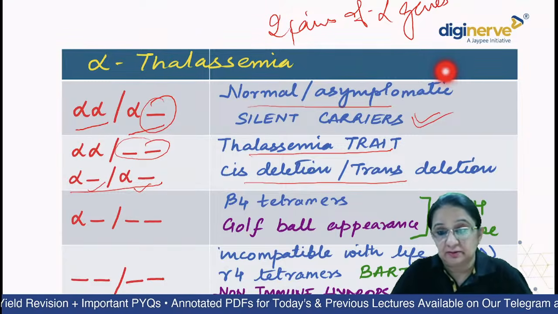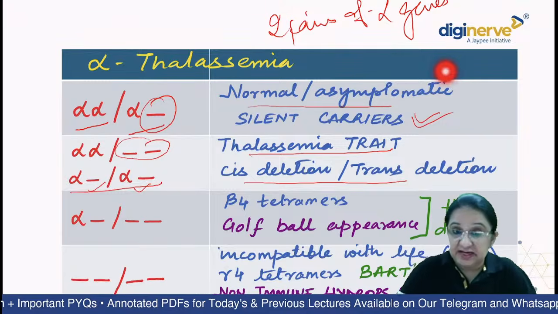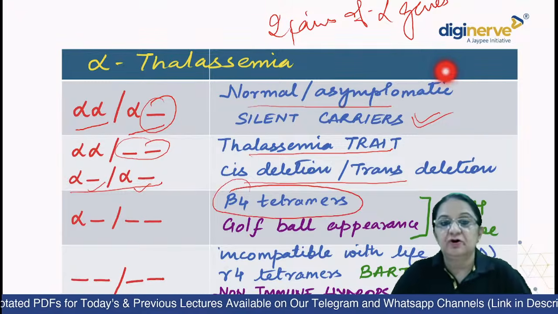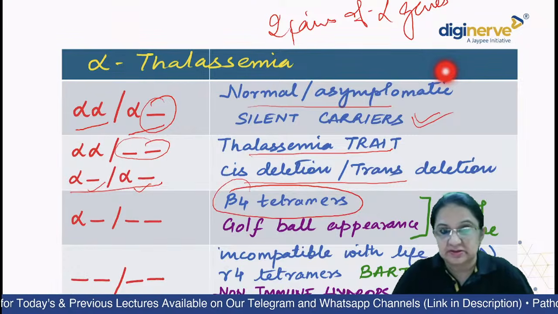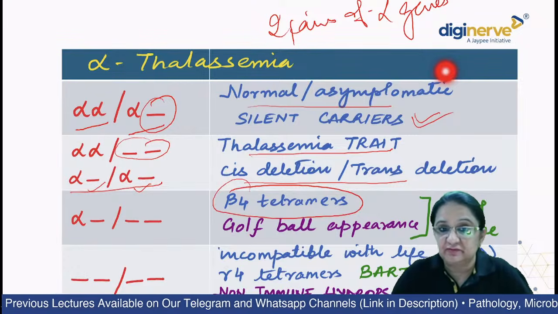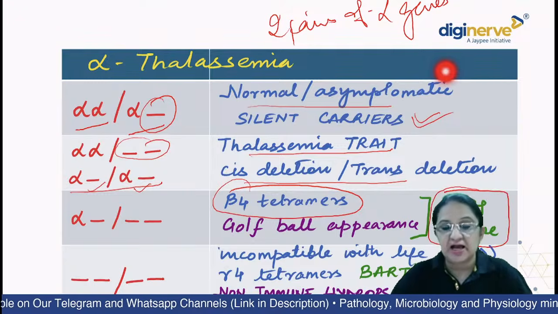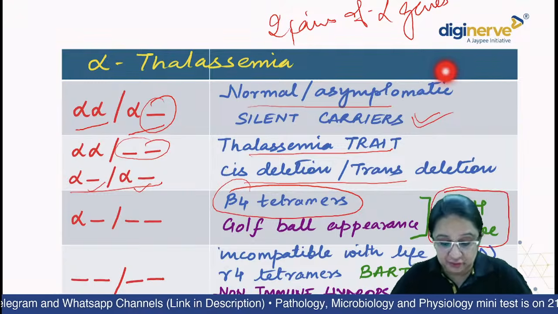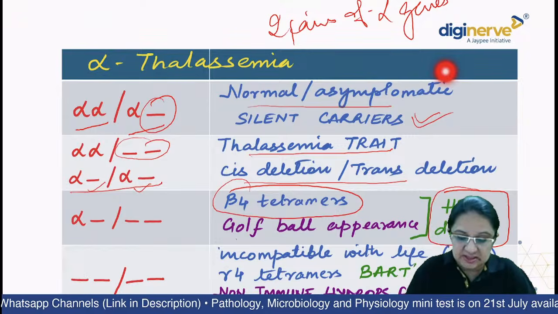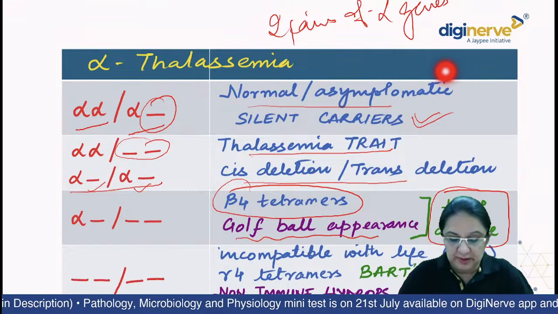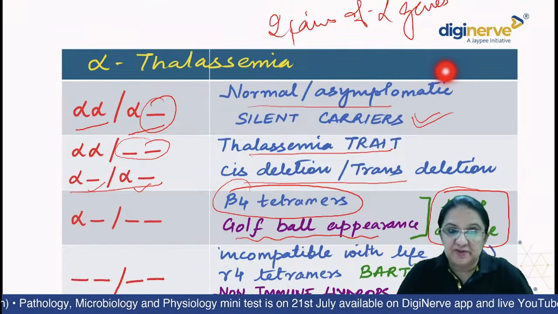The beta chains will aggregate and form beta 4 tetramers, and this is known as hemoglobin H disease. The characteristic appearance in HbH disease is golf ball appearance. I'll just show you the figure for golf ball in HbH disease.